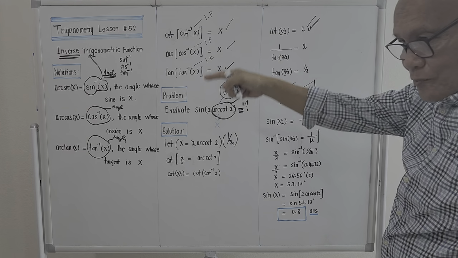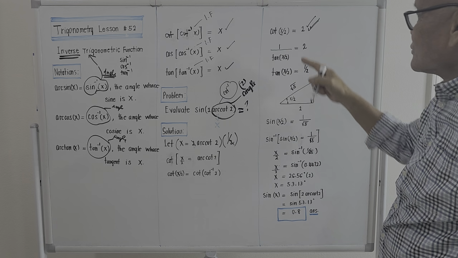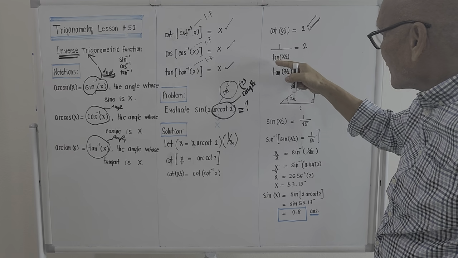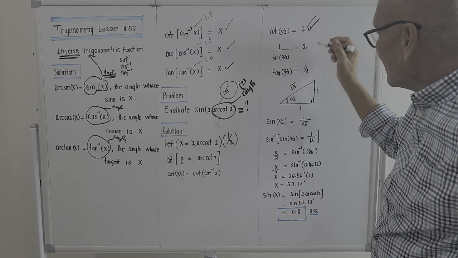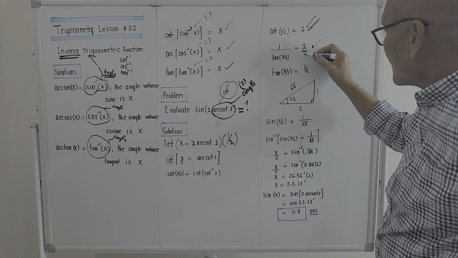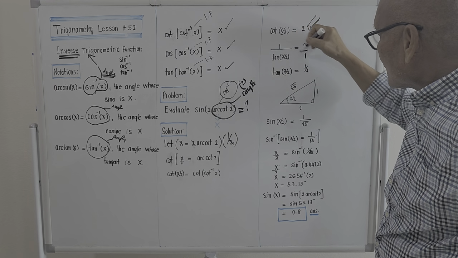Cotangent is the reciprocal of tangent, right? So the cotangent of x over 2 can be written as 1 over the tangent of x over 2, and this should be equal to 2. This is actually all over 1. Then we try to cross multiply this.